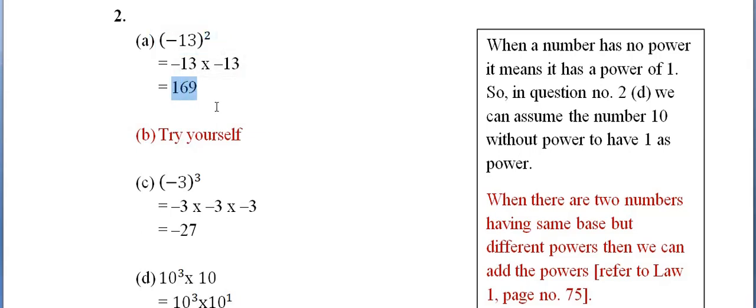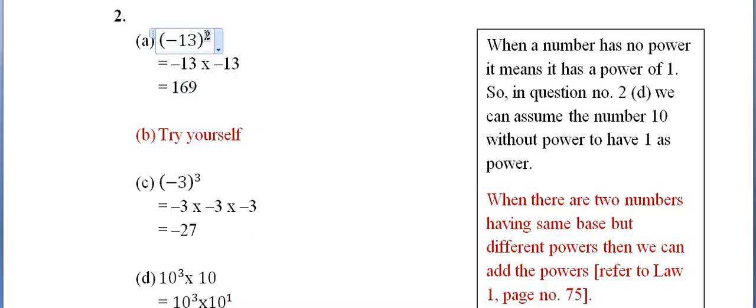So always remember that. It's not a property like the laws of indices, but it's a shortcut or a technique that we should know. If there is a negative base and the power is an even number, your answer will be positive.